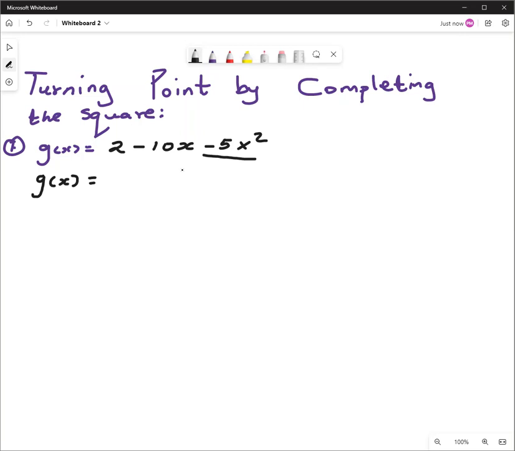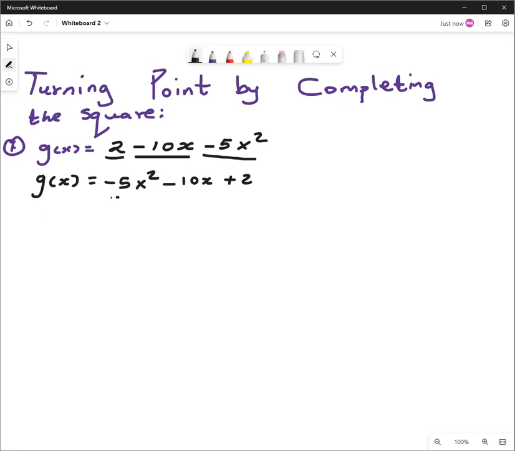So the part with x must come to the front. It's minus 5x squared, and then bx is minus 10x, and then you have plus 2 there. Do you see? This is a positive 2. Awesome.